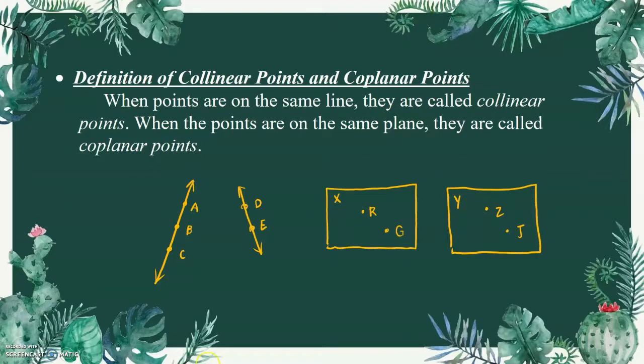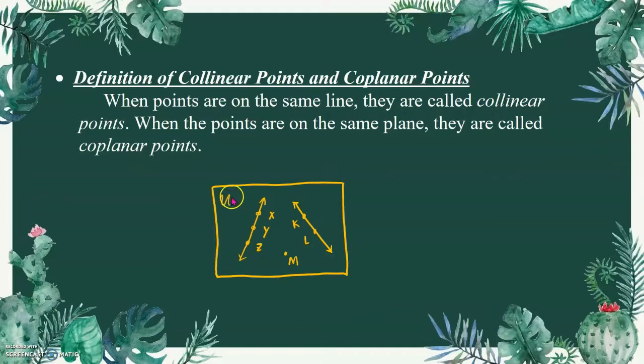Alright, let's have another example. Alright, I have here plane U containing the points X, Y, Z and points K, L, and of course point M. Now, point X, point Y, and point Z are collinear because they are lying on the same line.